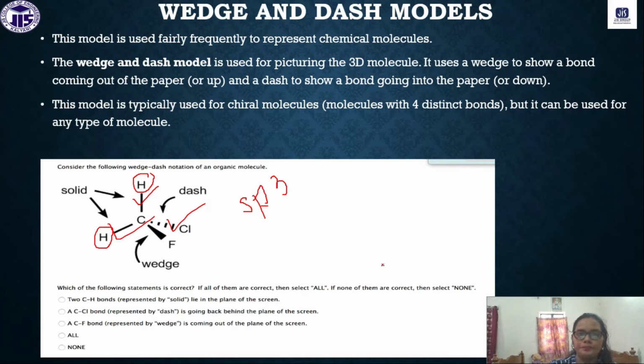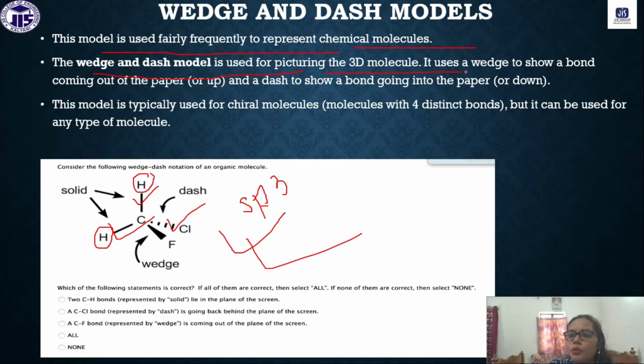This model is used frequently to represent chemical formulas. It is called the wedge and dash model, or the flying wedge model.